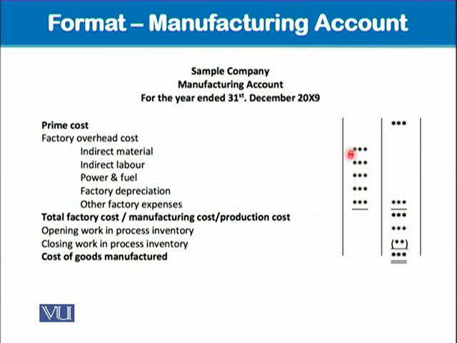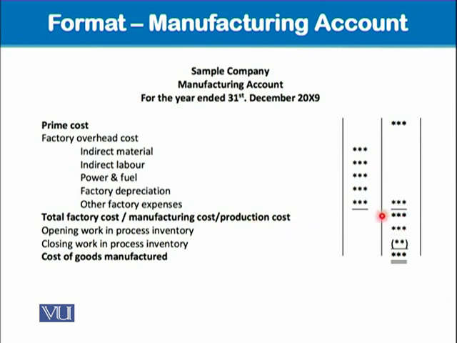These will be grouped in the inner column. Their sum will be taken in the outer column and added to the prime cost, so that we have total factory cost, or total manufacturing cost, or total production cost. We can give any name to this figure.